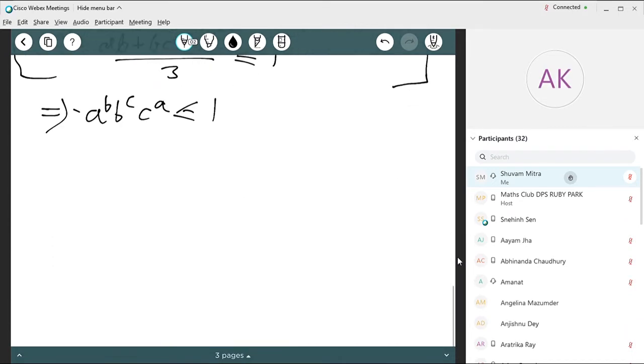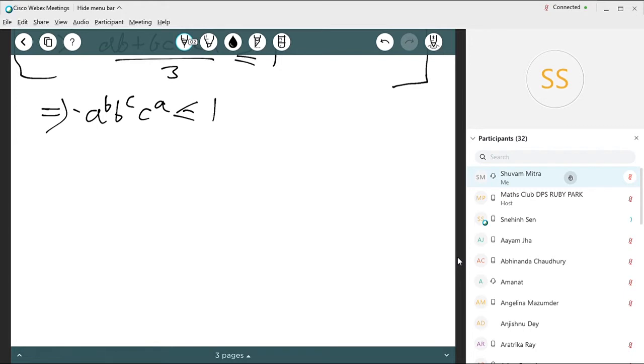So you'll have some more examples of weighted AMGM, as I said, in your assignment, as well as power mean. One suggestion: you should avoid using weighted AMGM and power mean directly, in the general form, in the examination if you can.